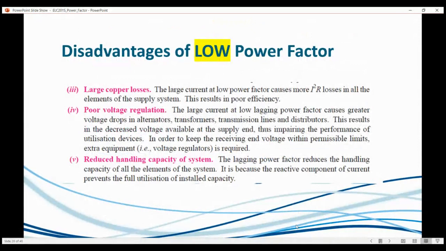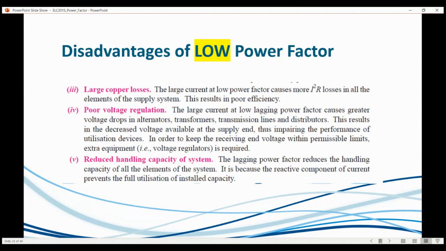And then the last few, reasons 3, 4 and 5. We also get large copper losses: a bigger current results in higher I squared R losses. The fourth one is poor voltage regulation. You will see this once we do the analysis of alternators, induction motors, and possibly transformers and transmission lines.